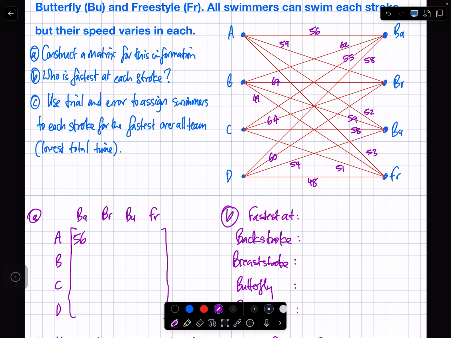Someone help me out with A breaststroke. 59. Butterfly. 52. A freestyle. Yep. So what I'll do is I'll fill that in quickly because you can see what we're doing here.